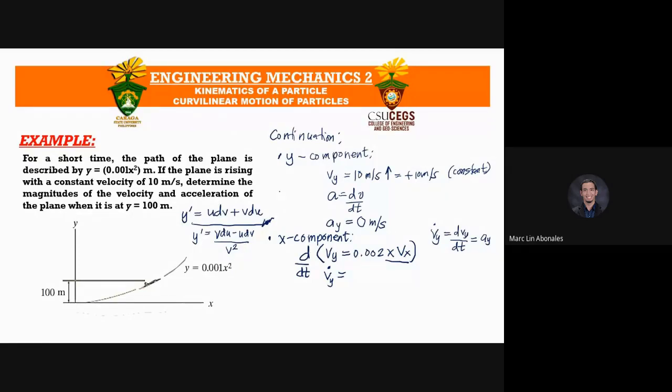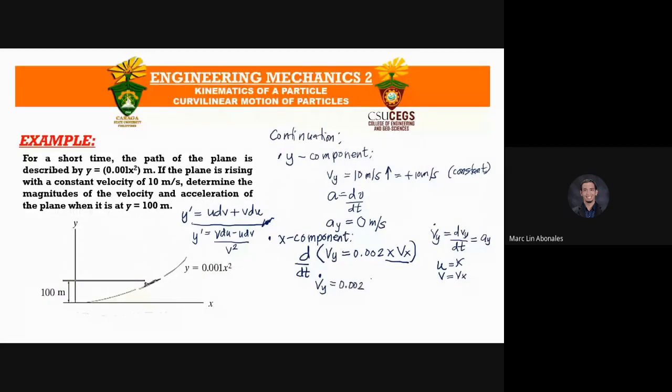So if we let u as x and v as vx, we have 0.002.